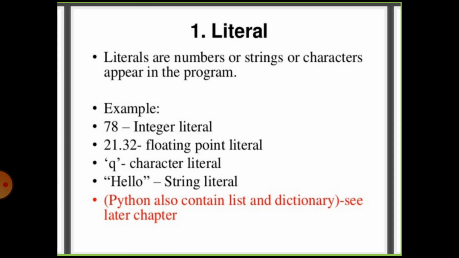So there are four types of literals here. First, an integer literal has no fractional part. A floating point value which holds a fractional part is a floating point literal. A single character in single quotes is a character literal. And the last one is a string literal, which is in double quotes.